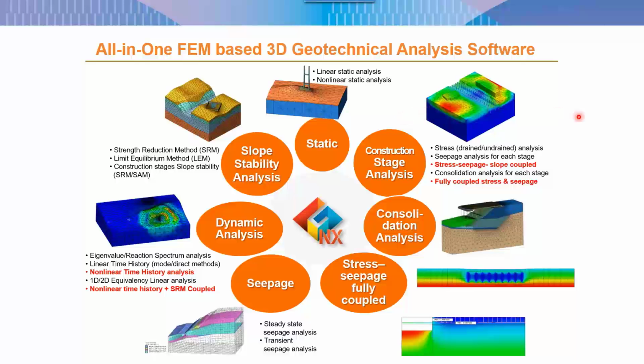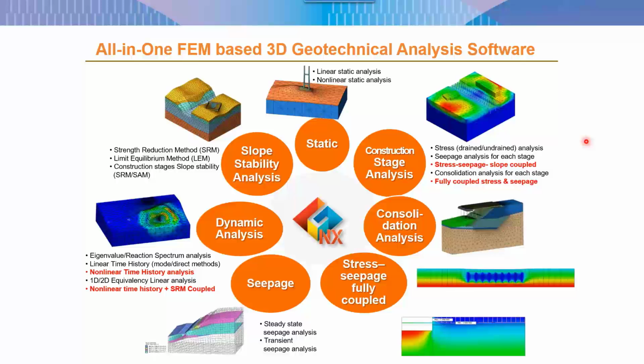So we can do the drained, undrained analysis, seepage for each step, or a coupled analysis. Then you can also do the fully coupled analysis in the construction stage methodology. You can check for consolidation independently of each stage if required. And you can also check the pre and post consolidation slope factor of safety using the construction stage analysis methodology in GTS NX.